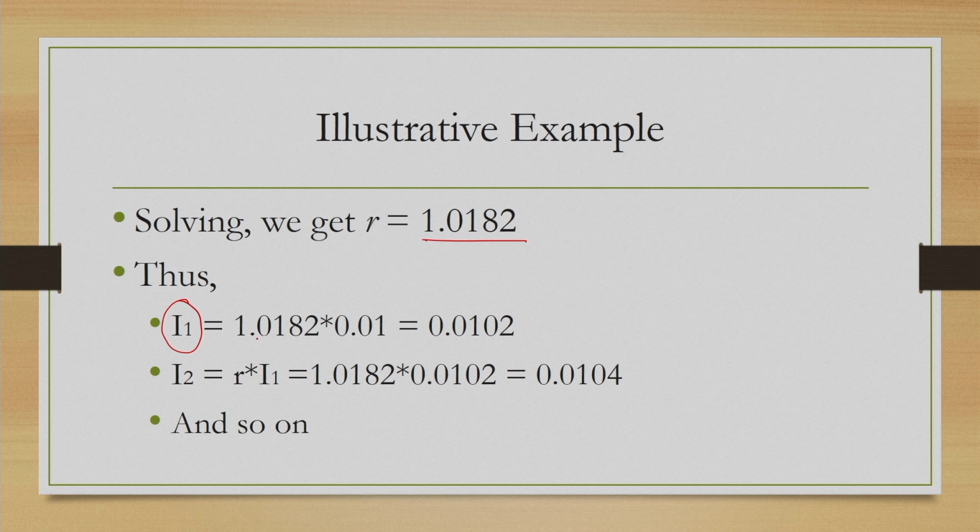So, I1 will be R into I0, that is 0.0102, I2 will be R square into I0, that is 0.0104, and so on, and we create a table of these values.